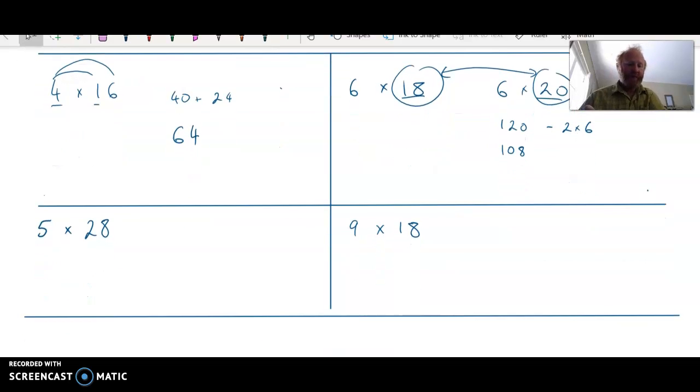The next question, 5 times 28. Well, whenever you run into multiplying by 5s, you can go a different way. See, it so happens that in maths, whenever you double one number and then halve the other number and continue multiplying, you're still going to get the same answer.